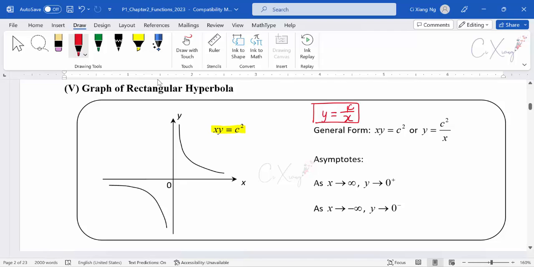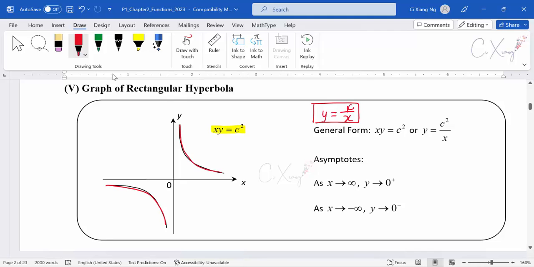When you have this kind of equation, in general, the graph will be separated into two pieces. One piece is on the first quadrant of the Cartesian system. Another one will be in the third quadrant.